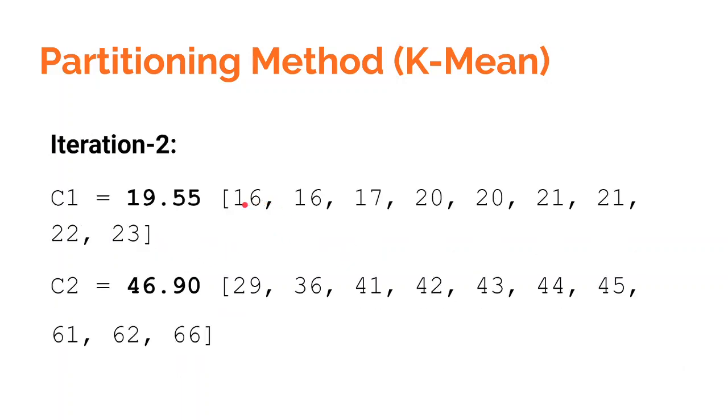Now again calculate the new mean value for the respective clusters. If you calculate the sum of 16 plus 16 plus 17 plus 20 plus 20 plus 21 plus 21 plus 22 plus 23, and divide the sum by the number of objects, you will get the mean value, which is 19.55.